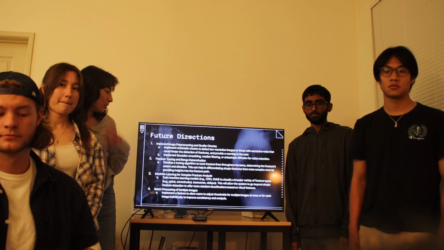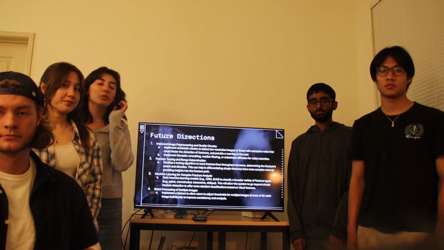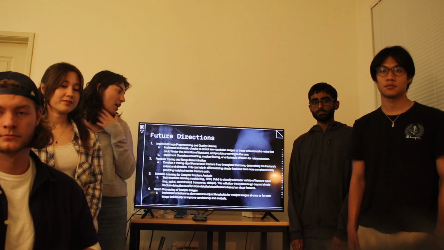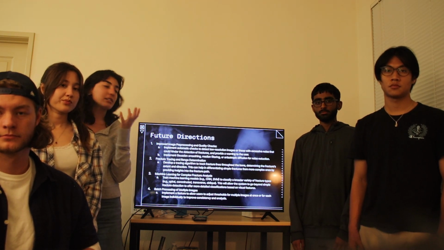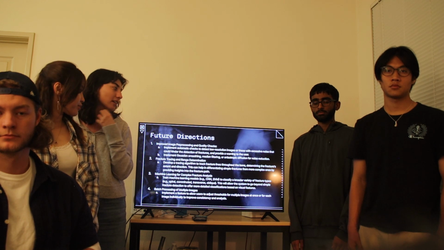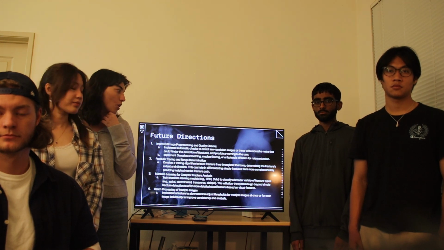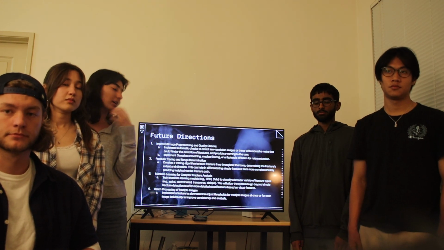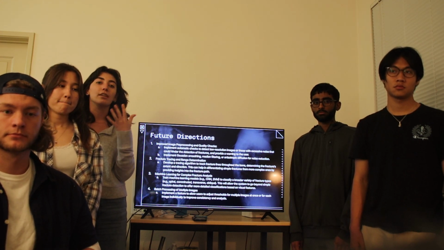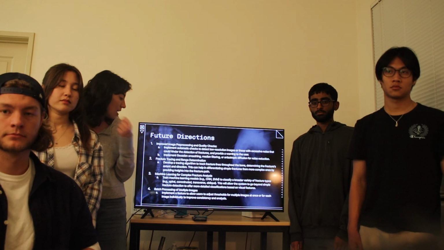And for future directions, we plan on improving image pre-processing and quality checks by implementing automatic checks to detect low-resolution images or those with excessive noise. We would also want to implement Gaussian filtering to smoothen out any excess noise.